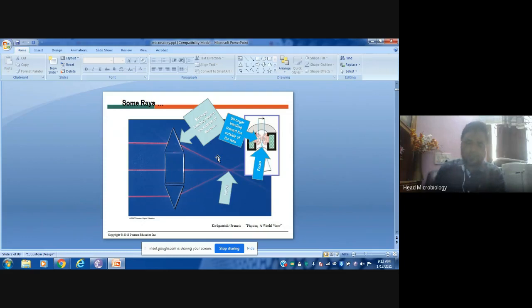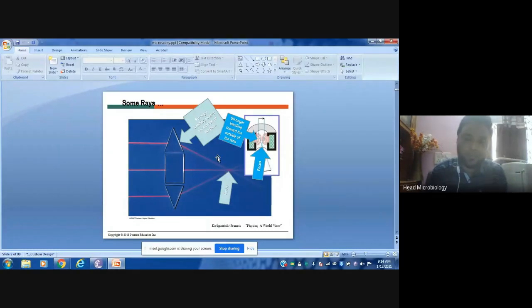If you keep a slide or a glass rod in a glass of water, then what happens? It bends there. You will be able to see something like bending. Why is that happening?